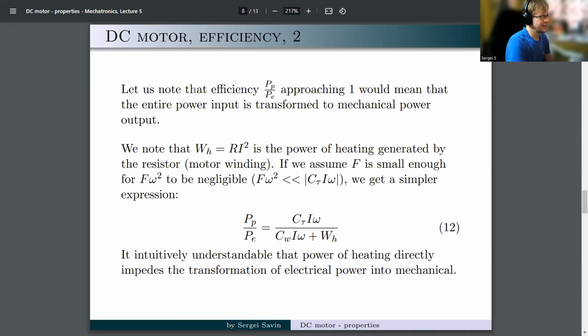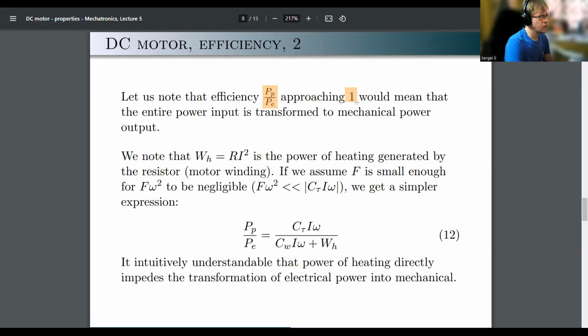To analyze it, we could make some observations. First, if this ratio is 1 or approaches 1, it would mean the entire power that you input into the system, as voltage and current, is transformed into mechanical output. So there will be almost no losses. That's the first observation.